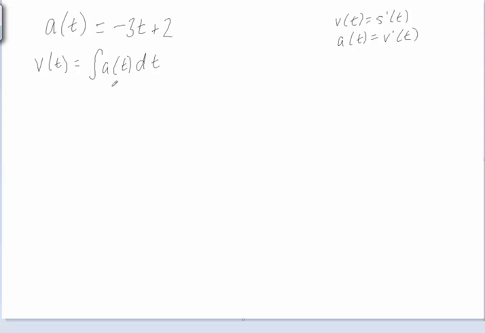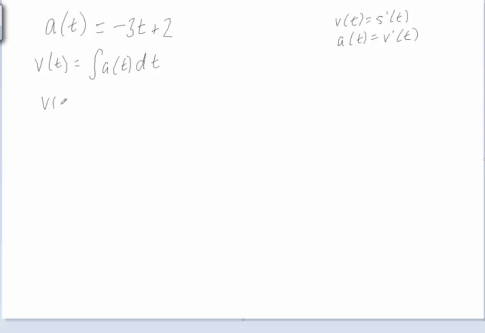That means, if I take this function here and find its integral, that means this function is the derivative of this function. And we know that to be the case. Acceleration is the derivative of velocity. So if we know acceleration, we can find velocity by finding an integral.